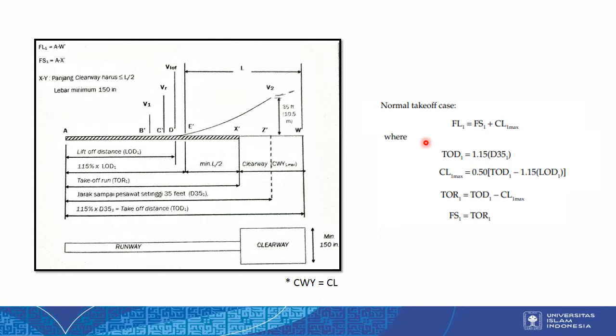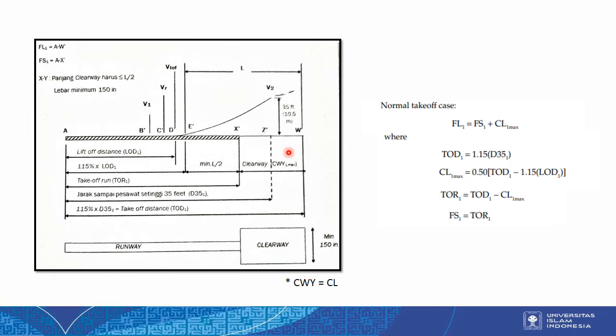For information, not all of this distance has to be full strength pavement. The part that must be full strength pavement is just from here to here, the takeoff run, as the clearway does not have to be full strength pavement.